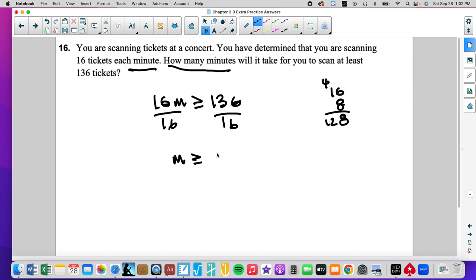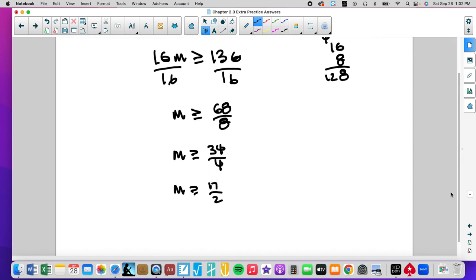I could have reduced it and gotten 68 over 8, taking half of 136 and half of 16. And then I can reduce that to 34 over 4, and I can reduce that to 17 over 2. And then I can reduce that, and a little bit more confident that that's going to be 8 and 8 is 16, so 8.5 minutes.